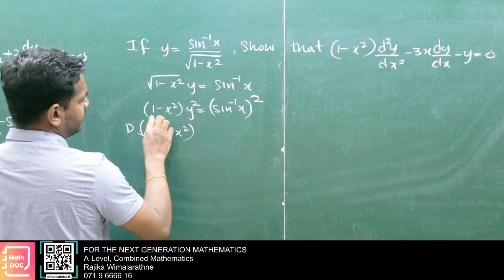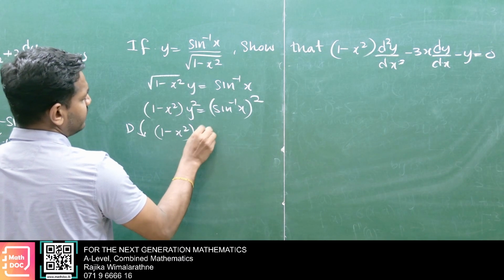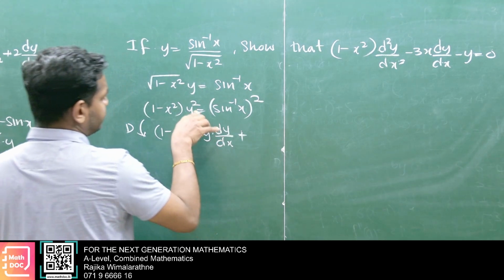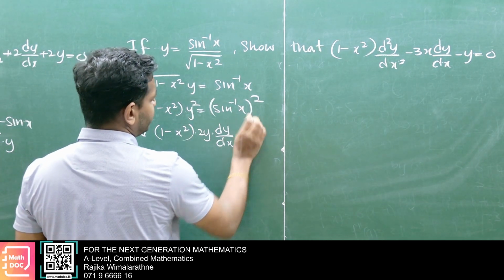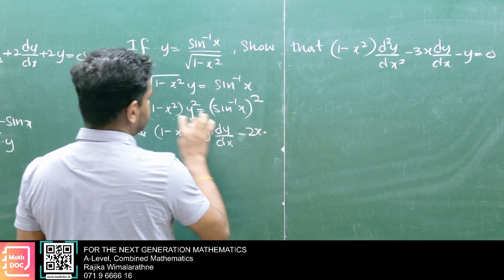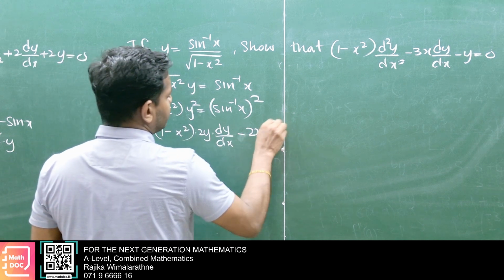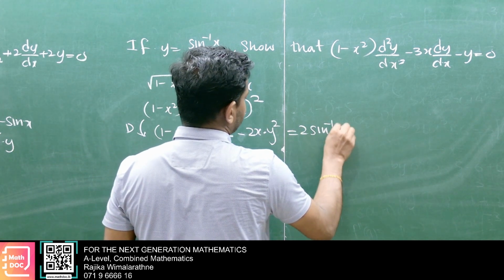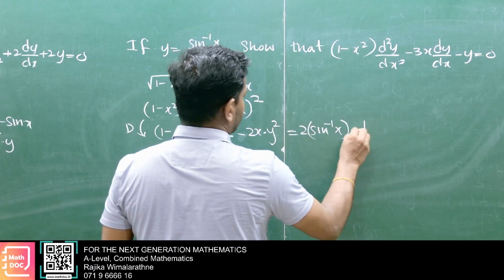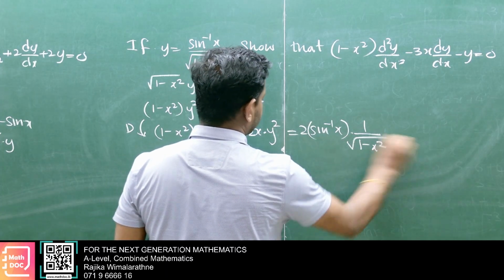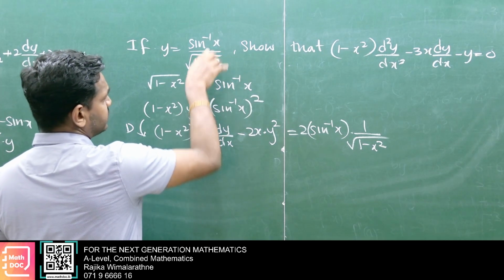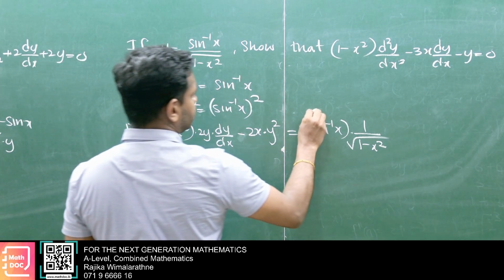Here it is a product: 1 minus x squared times y squared, derivative 2y times dy over dx, plus y squared times the derivative of 1 minus x squared, minus 2x y squared. Here 2 sin inverse x times 1 over square root of 1 minus x squared. Then sin inverse x over square root of 1 minus x squared means y, no?